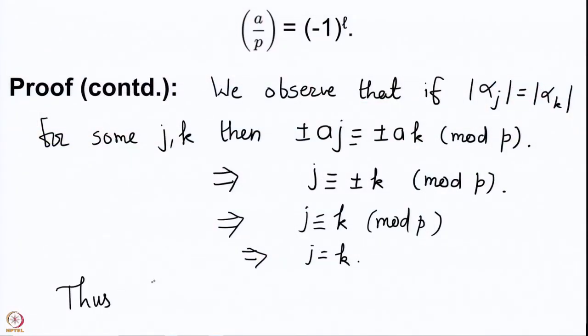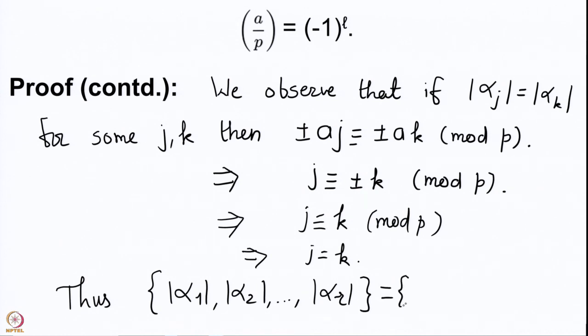So, in some order the set of mod alpha j has to be equal to the set 1 to r. Okay. So, what we then have is this set mod alpha 1, mod alpha 2 up to mod alpha r, as a set, is equal to this set.